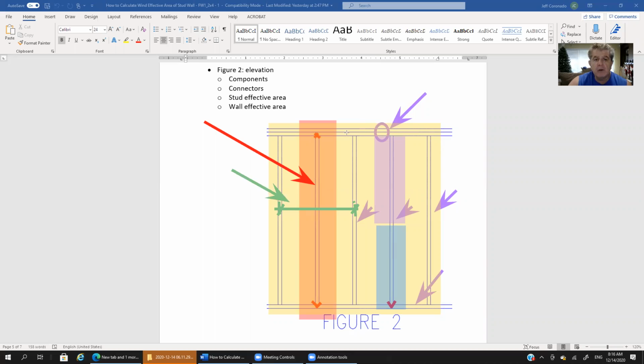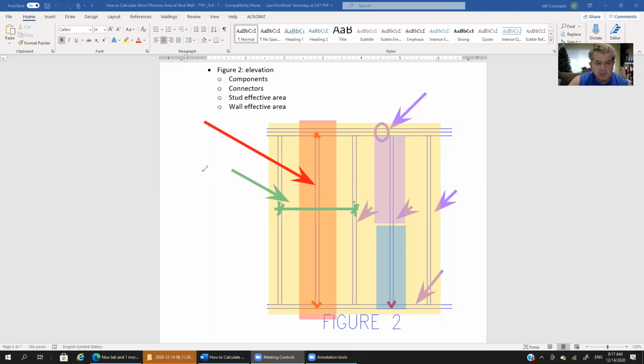However, what the code also allows us to do is if this dimension, let me show it like this.